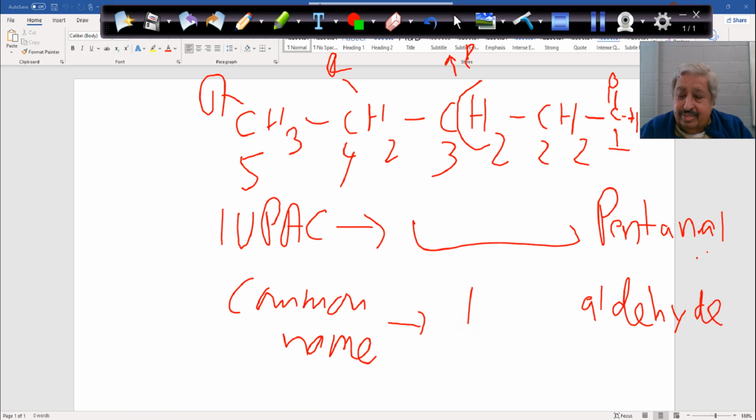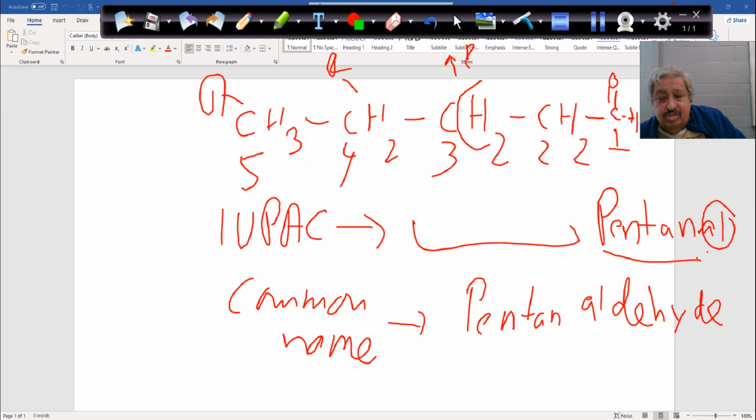Okay, so this is your pentane. Here you take the E out, then you have pentane, take the NE out, and add aldehyde as a group.